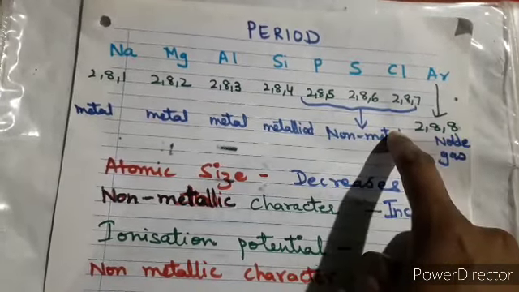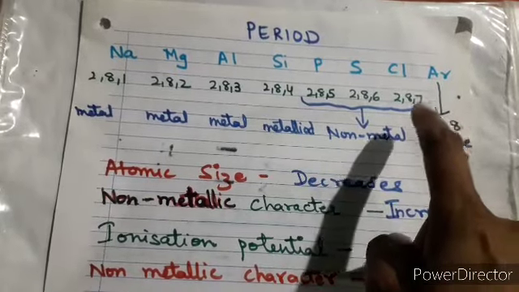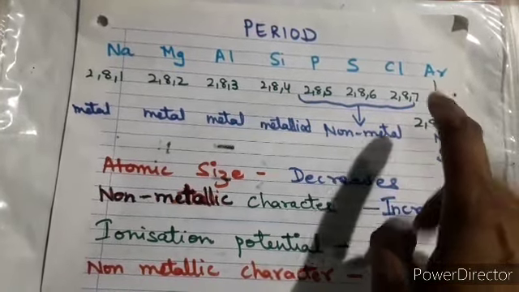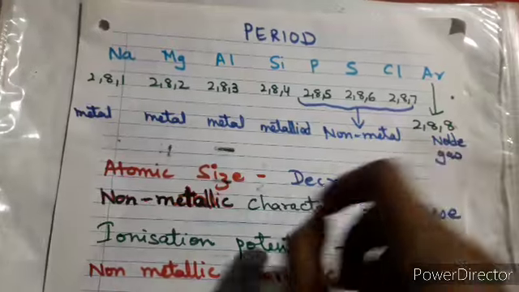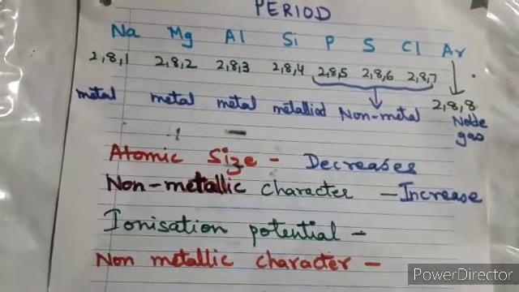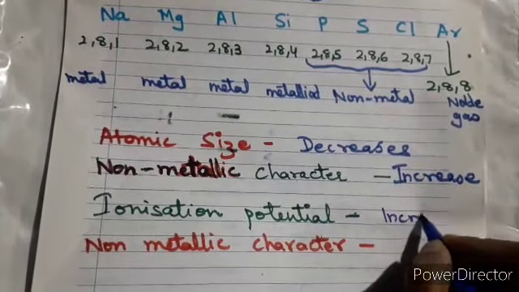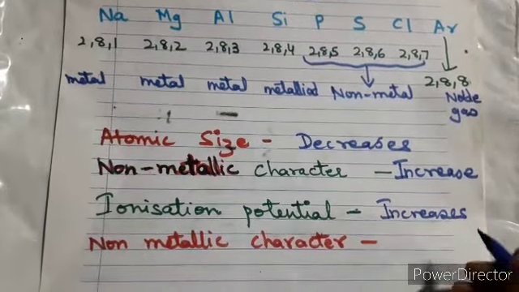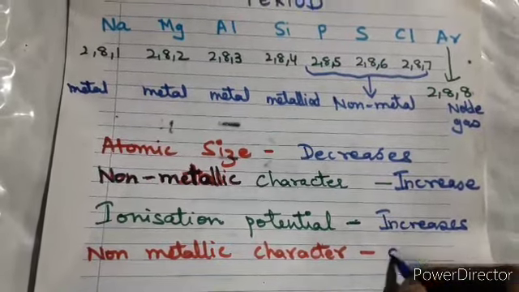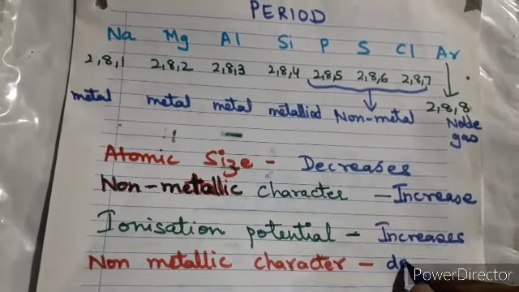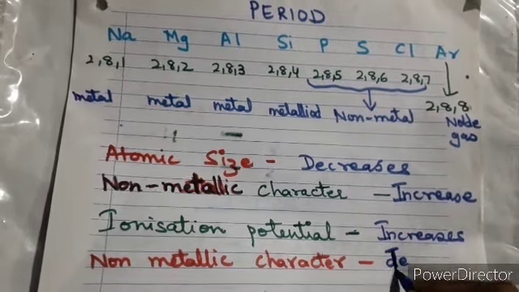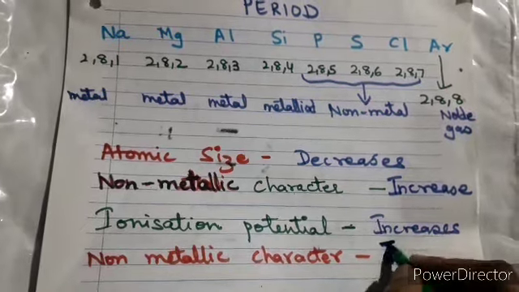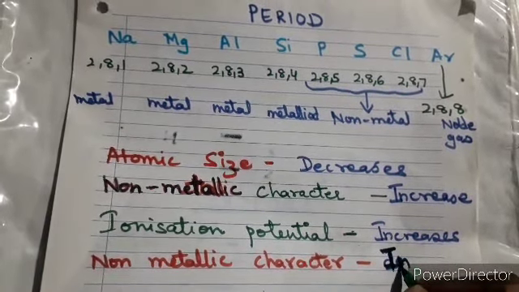It indicates that the atom is non-metallic, it will show a non-metallic character. So when ionization potential increases, the non-metallic character also increases. You can write down over here, increases.